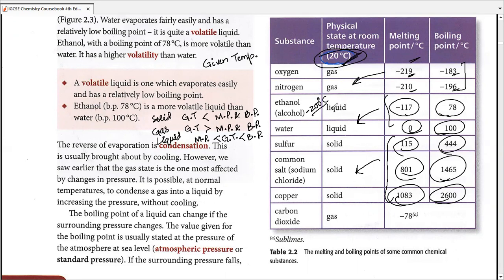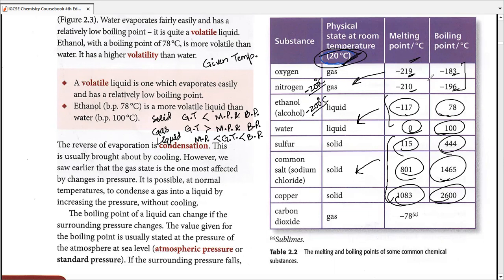So if I use the same temperature, minus 200 degrees centigrade, for nitrogen, now minus 200 degrees centigrade lies exactly in between minus 210 and minus 196. Minus 200 is a bigger number than minus 210, so it's greater than the melting point, but it's smaller than the boiling point, minus 196.